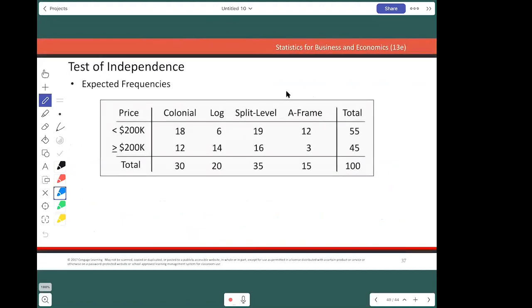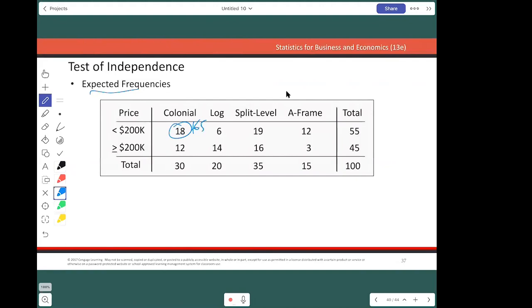For example, that 18 for expected frequencies should have been 55 times 30 over 100. What is that? 55 times 30, divided by 100, is 16.5. That should have been 16.5. So there's an error here.